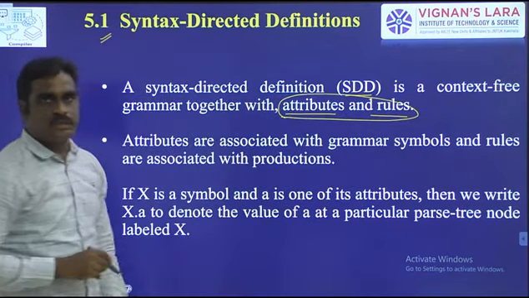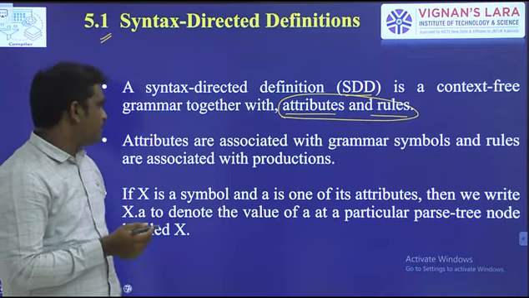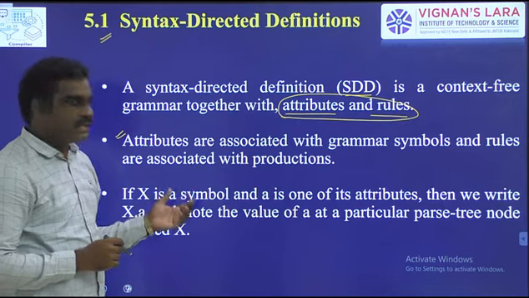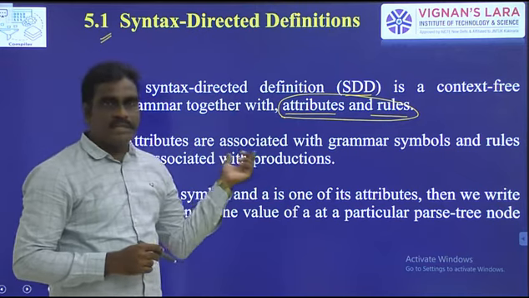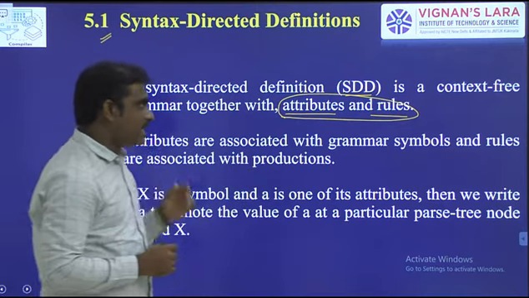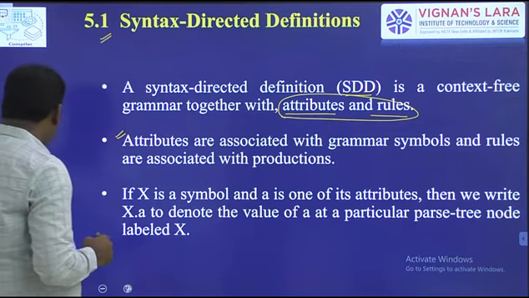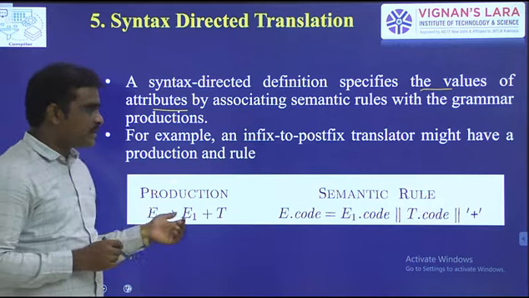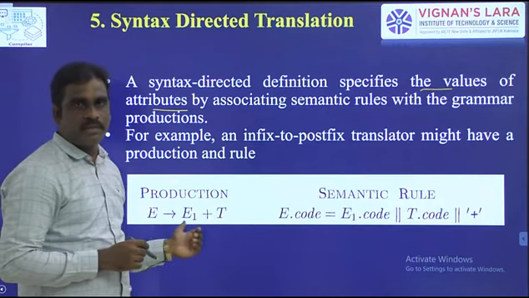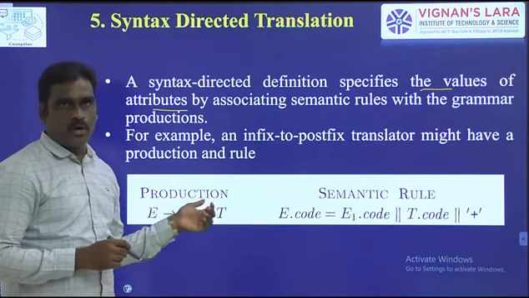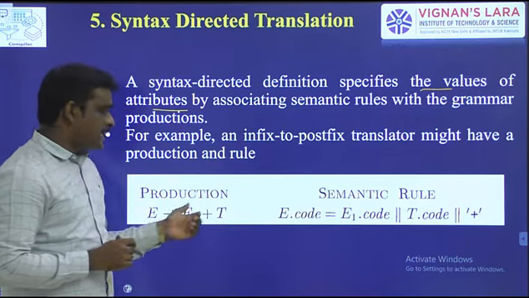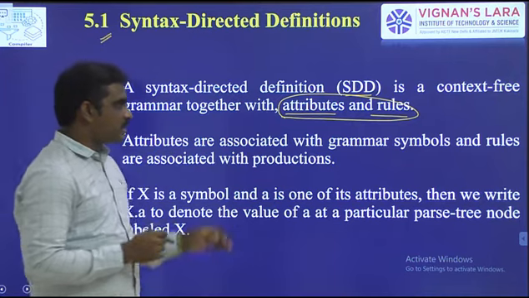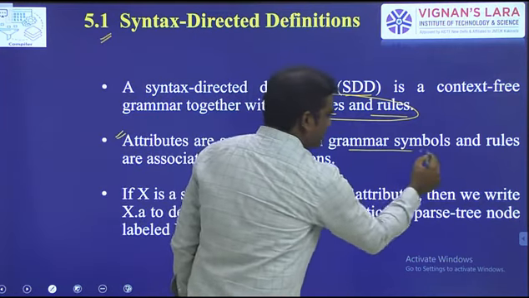It is a combination of attributes and rules. The first one is the attributes, which are associated with the grammar symbols, like E, T and plus, where plus is an operator. E and T are non-terminals, grammar symbols. So attributes are associated with grammar symbols.